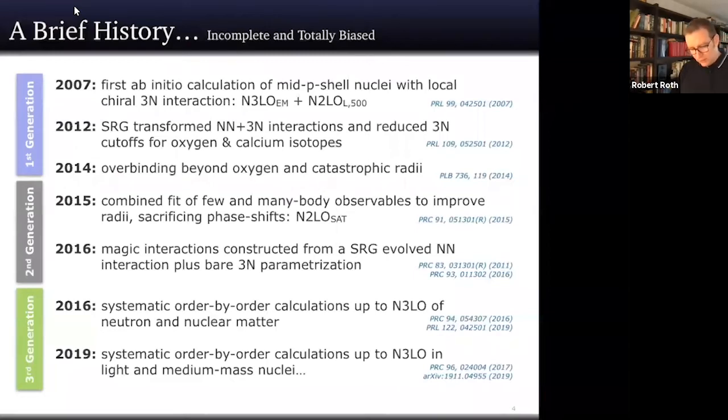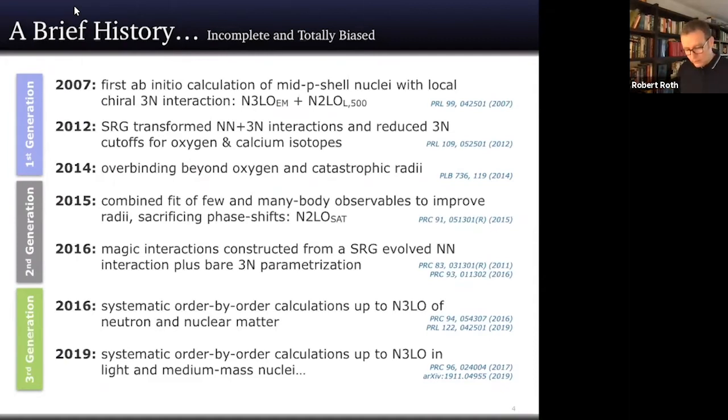One interaction that was used quite heavily is the so-called N2LO-sat interaction. This is designed with many-body observables in mind. So you look at something like radii and energies of, say, oxygen isotopes, and you tune your interaction to do a good job there.